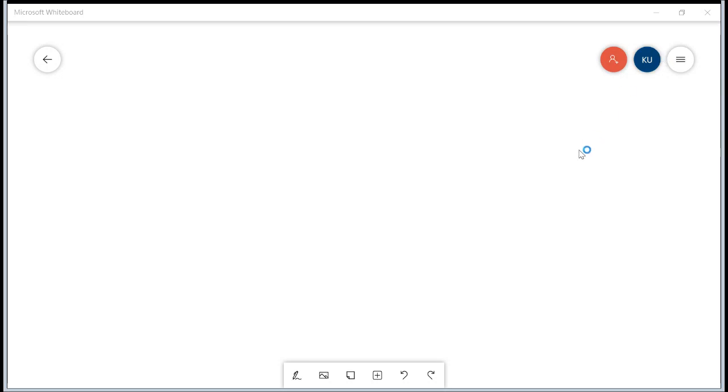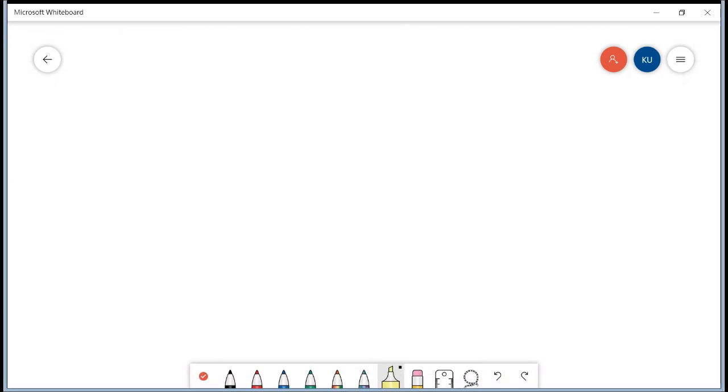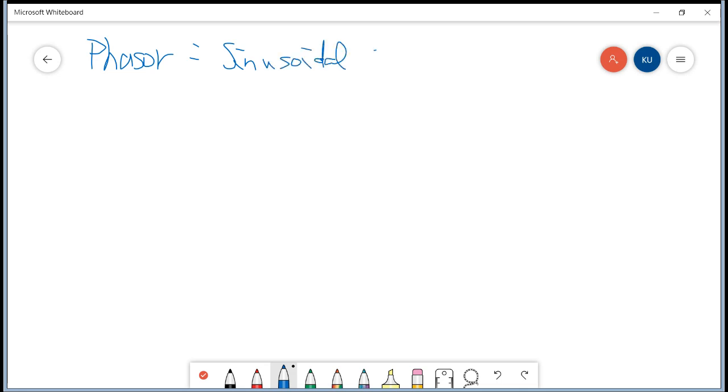Okay, so this part we'll talk about the phasor method to solve for RLC circuits. Phasor is used for finding the sinusoidal steady state of an RLC circuit.